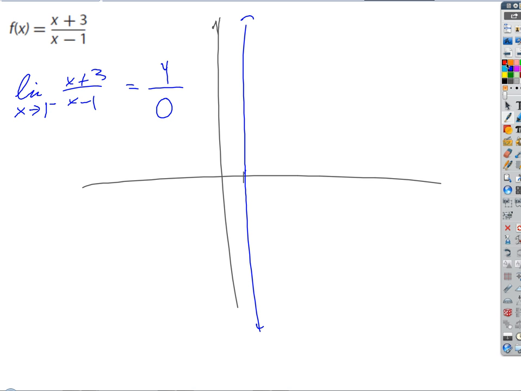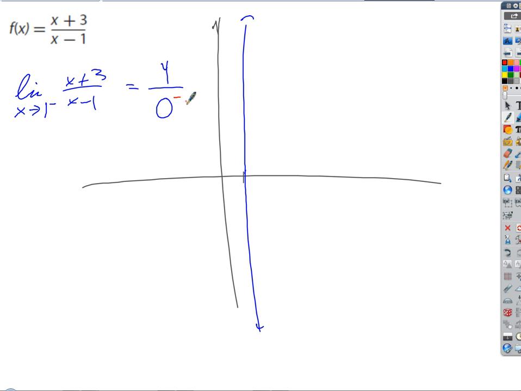I don't really know if this is in a textbook or not, but this is a good way to do it. I always just put a negative superscript by the number 0 to tell you that it's infinitesimally small. It's approaching 0, but it actually is a number. It's not 0. It's still negative, right?